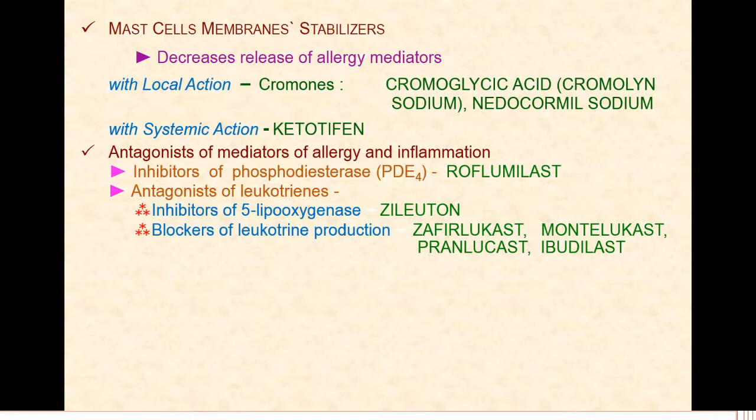And arachidonic acid after that is cleaved by two pathways. First pathway by COX, cyclooxygenase, and second pathway LOX, lipooxygenase. Cyclooxygenase promotes cleavage of arachidonic acid with formation of endoperoxides, prostaglandins, thromboxanes, and lipooxygenase promotes cleavage with synthesis of leukotrienes.